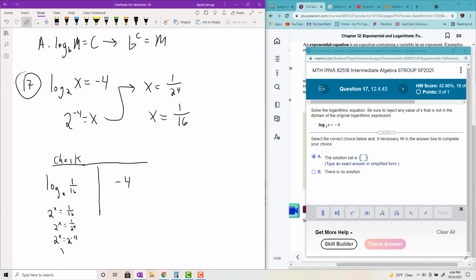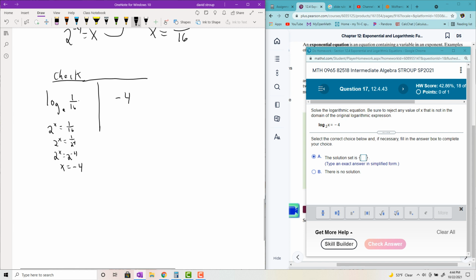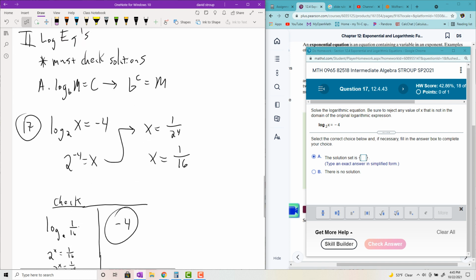So log base 2 of 1 over 16 is -4. Those two answers are the same on both sides: you get -4 here, you got -4 there. That means that thing works.